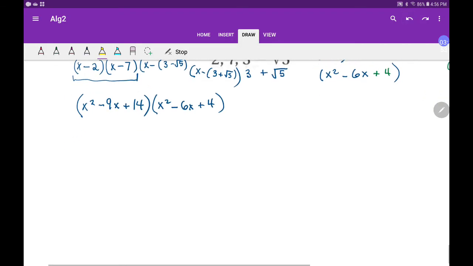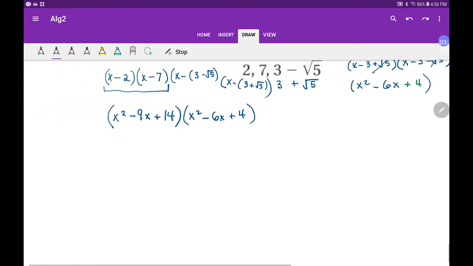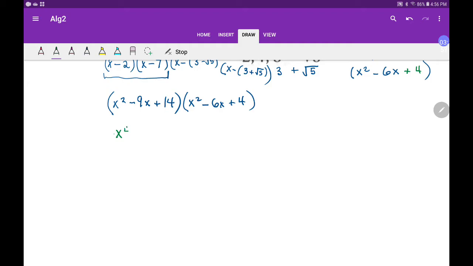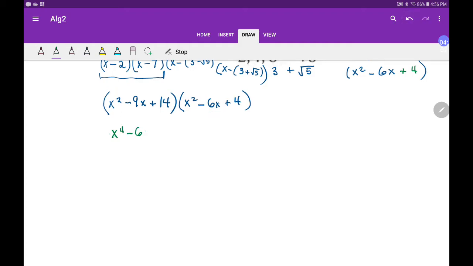Okay, so anyway, let's go ahead and finish this off. x squared times x squared is x to the 4th. x squared times negative 6x is negative 6x to the 3rd. x squared times 4 is 4x squared. And now we'll do negative 9x. Negative 9x times x squared is negative 9x to the 3rd. Negative 9 times negative 6x is going to give me a positive 54x squared.